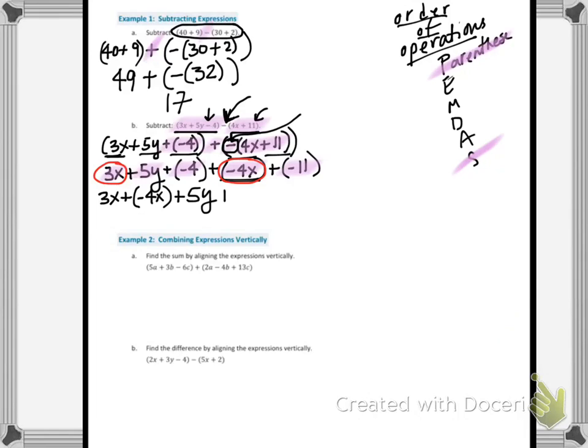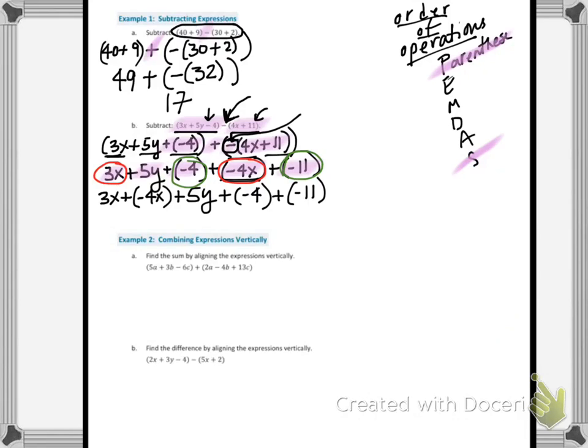And then we're going to add negative 4, and then add that to a negative 11. Okay, so we're keeping these nearby because these two are also like terms, okay, straight out numbers, all right? So we have like terms in the x's, like terms in the straight numbers, and then we have the y sitting by itself.